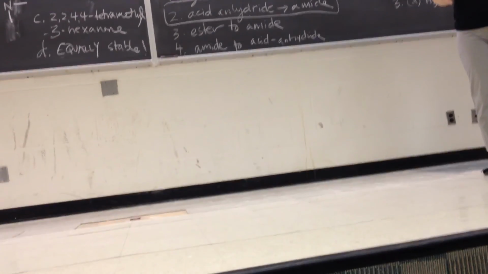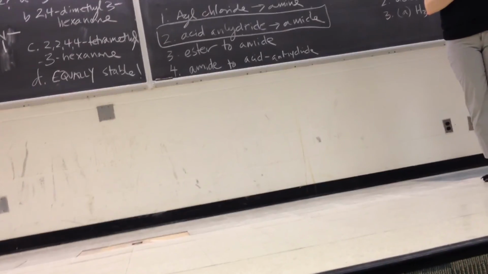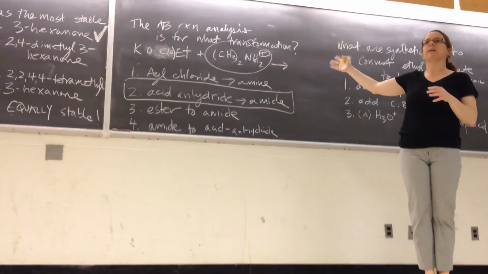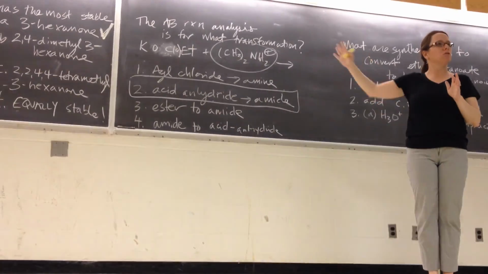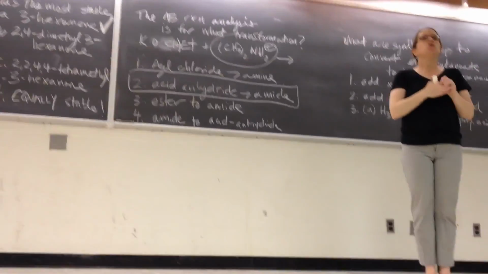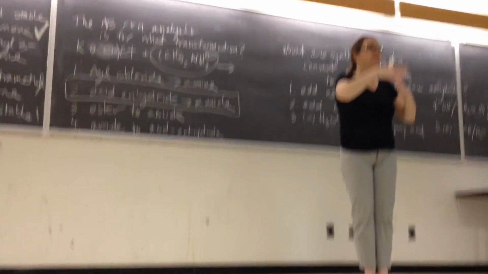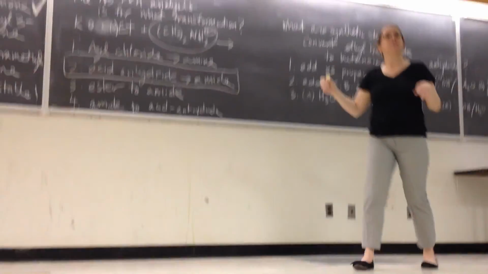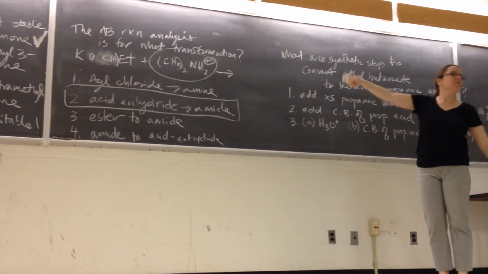Now that doesn't mean some conversion isn't going to happen, right? But you certainly aren't going to expect 100% yield at all. At best here, you're at like 50%, roughly. Okay? You'd have to do the equilibrium calculation, etc. But you can figure that out. You won't be asked to on a test. I'm just saying you could figure it out. Okay? Are there any more questions about this clicker question?